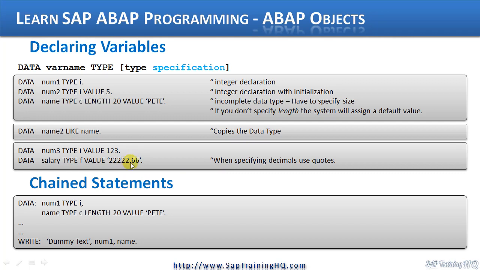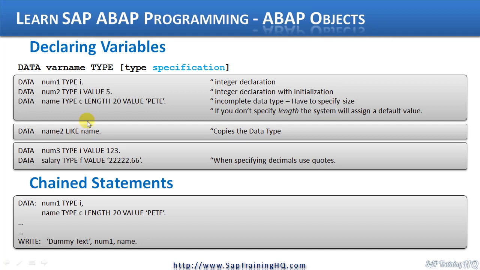But if we do that without putting single quotes in our DATA statement here, the ABAP syntax checker will throw an error and say you're terminating the statement too early, and we have the 66 left on the end. So when you're defining decimal places, use single quotes.